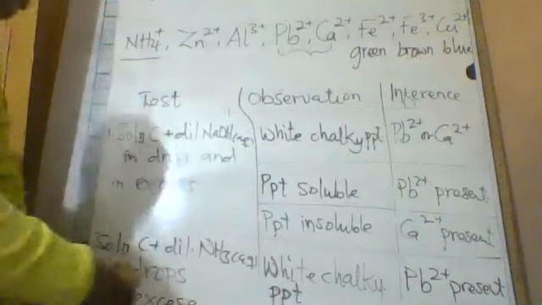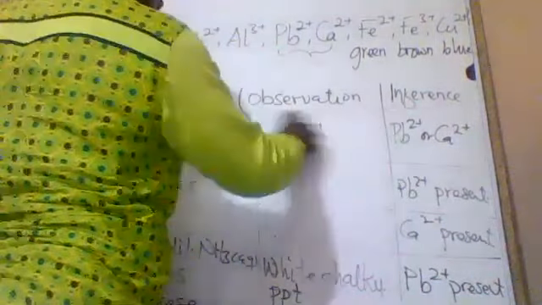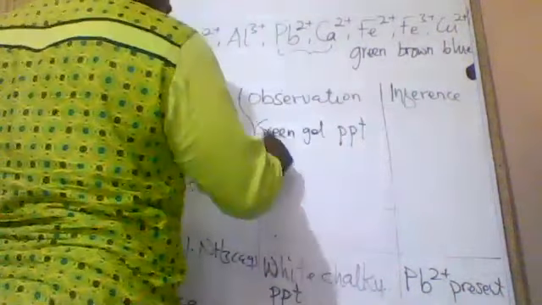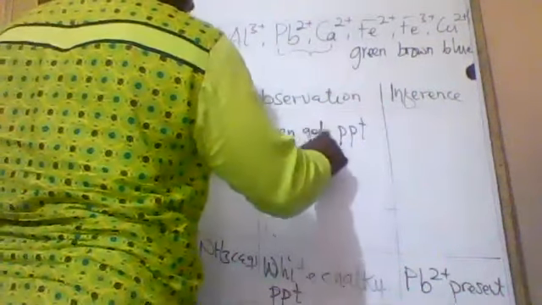So when you add the sodium hydroxide in drops, if it is iron 2, you are going to get green gelatinous PPT, which turns brown.